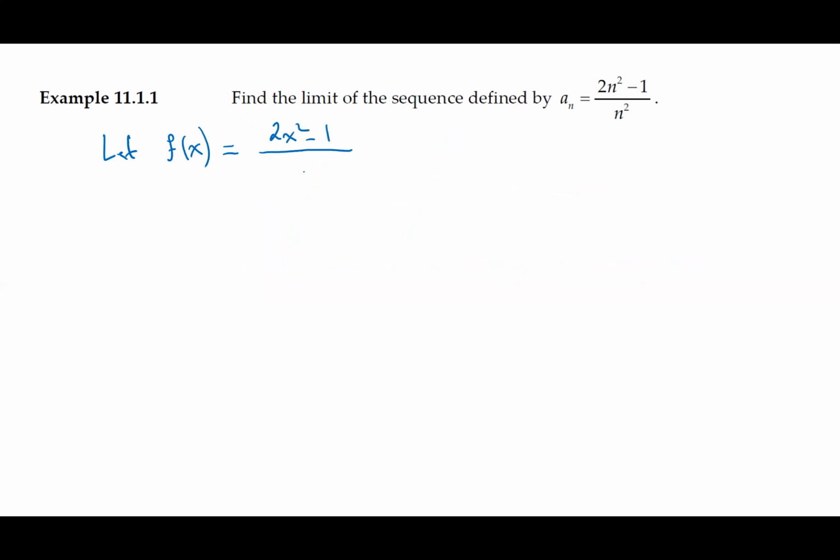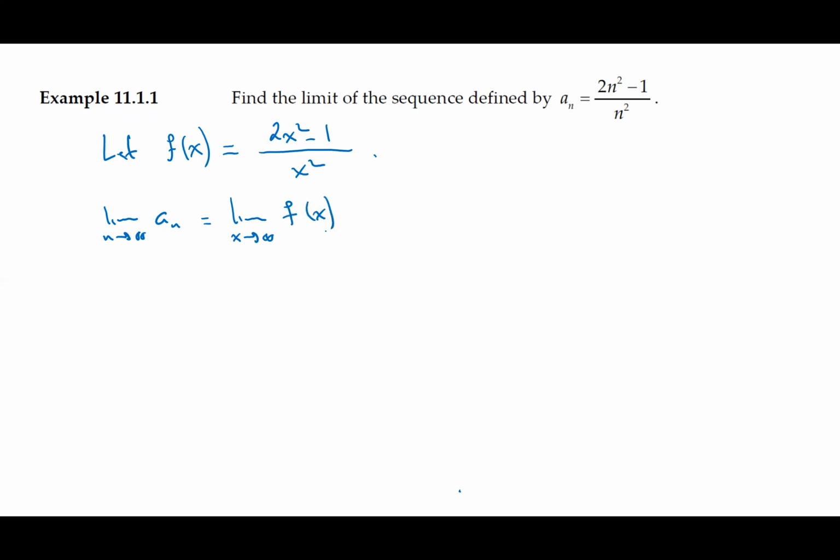all over x squared. And now I'm going to take advantage of the fact that the limit as n goes to infinity of a_n is equal to the limit as x goes to infinity of f of x. Right?